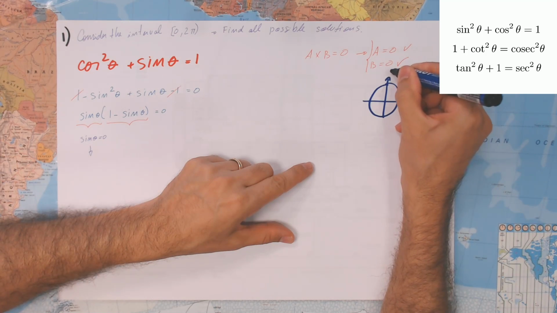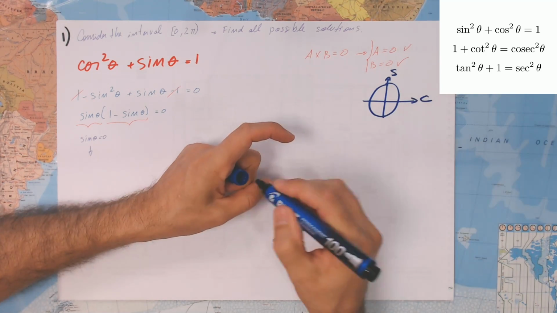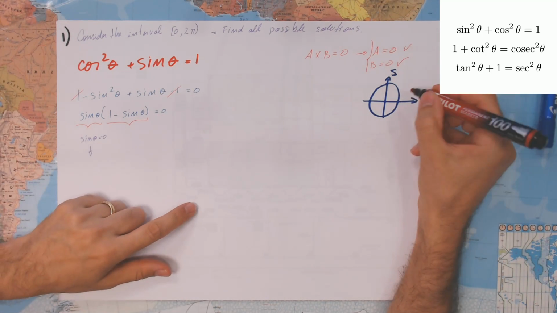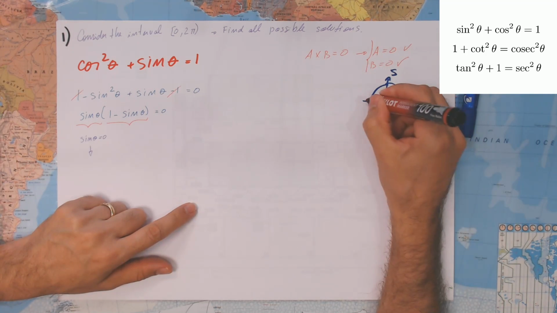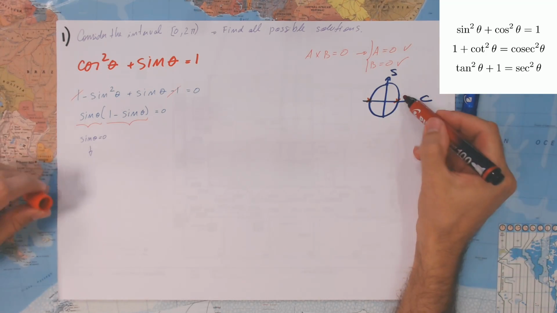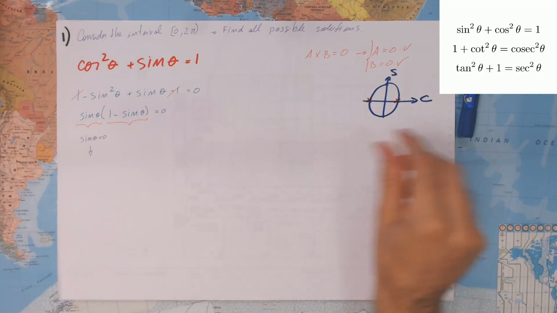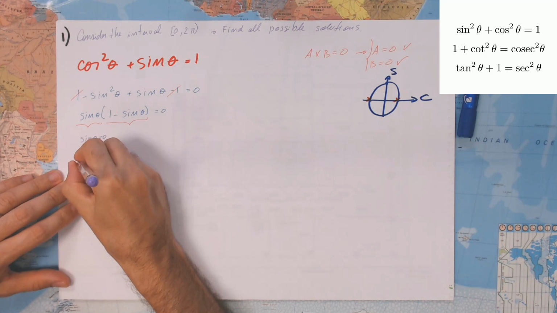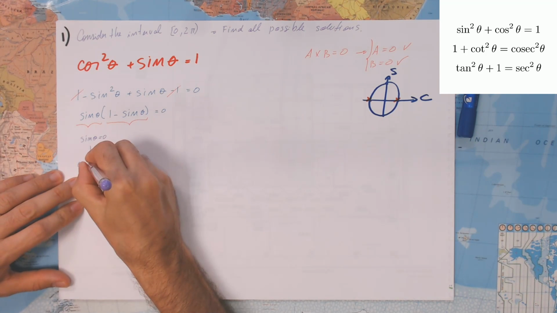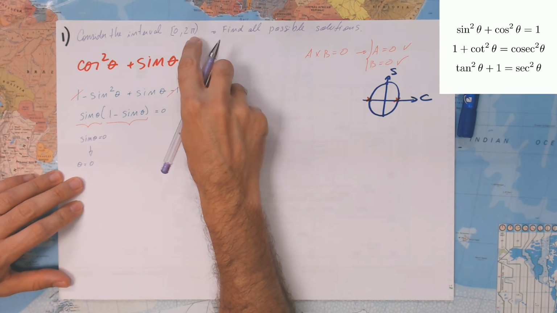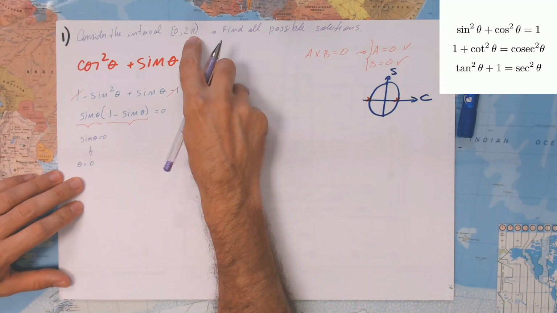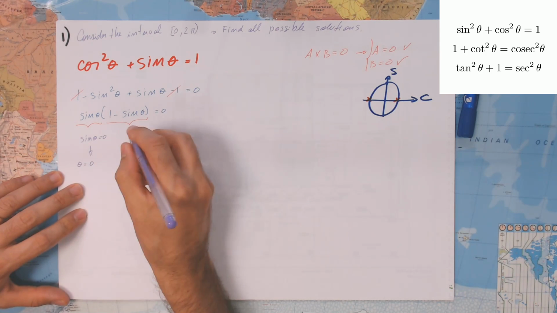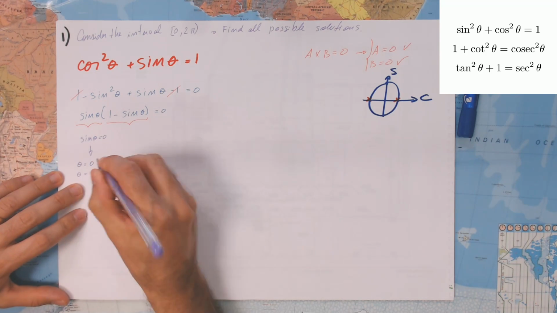This is the sine, this is the cosine. Well, we have sine equal to 0 here and here, at 0 and pi, and that's going to be our theta. So theta can be 0. They put it in radians, so let's leave the answer in radians, not in degrees. Theta can be 0 or theta can also be pi.